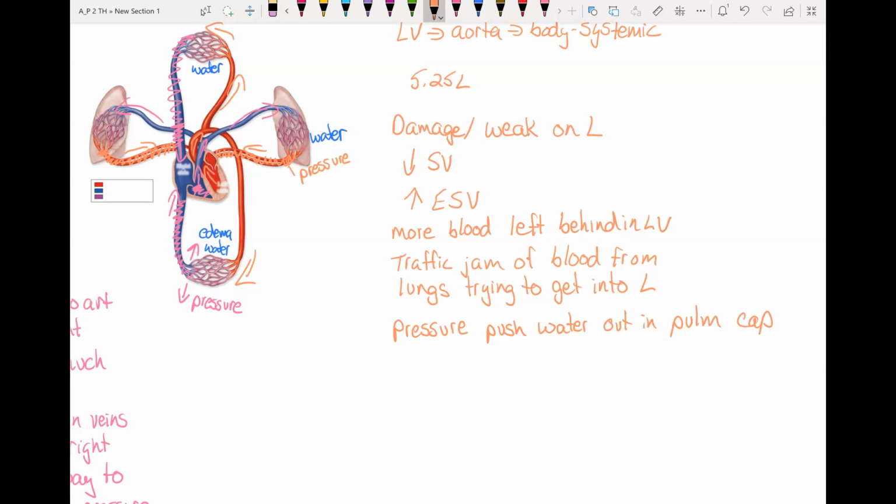So now, instead of getting edema, you get water in your lungs. The lungs will actually start to fill up with water. Well, if your lungs start to fill with water, you're going to have trouble breathing.